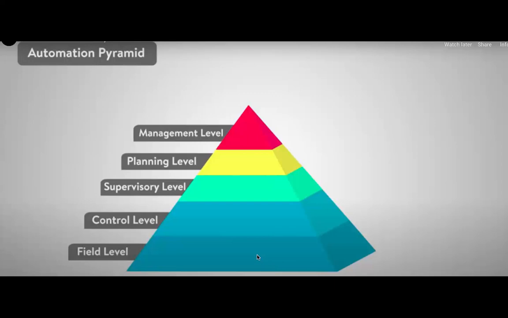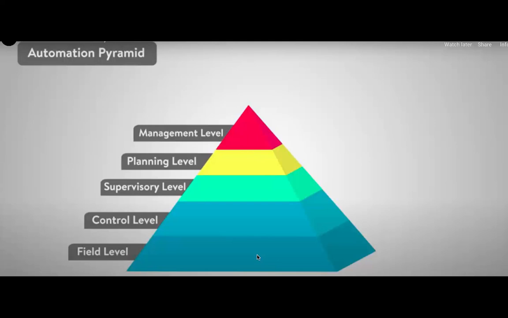This is a layer which connects the control level and the supervisory level.